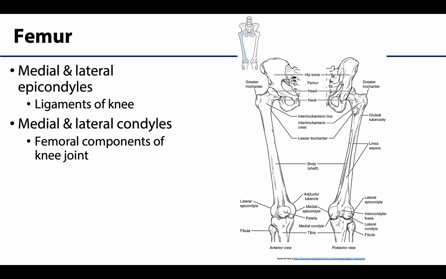Okay, now we're moving into the more distal portions of the femur. And you're going to have epicondyles similar to what you had on the humerus. So you'll have medial and lateral epicondyles. Here is the lateral, here is the medial. They're not quite as different as what we had on the humerus, with the medial epicondyle being significantly larger than the lateral.